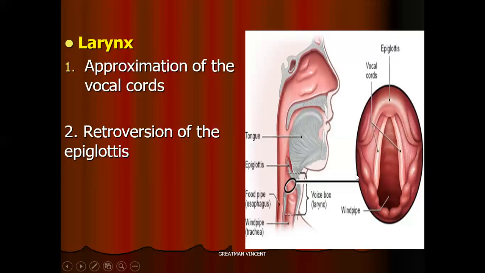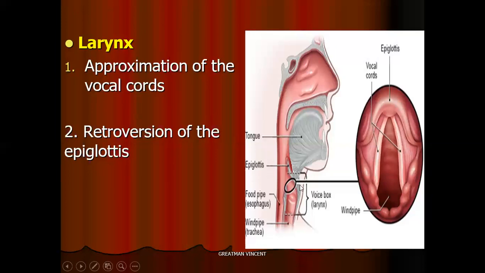Because we have the space which is called the glottis, and even if approximation of the vocal cords is not well achieved, we want the epiglottis to also come and cover the glottis so that there won't be any space at all. And so because of that, we call it the retroversion of the epiglottis. In simple layman's terms, we want to say that the epiglottis is now moving downwards. So it is retroverting to cover the glottis.